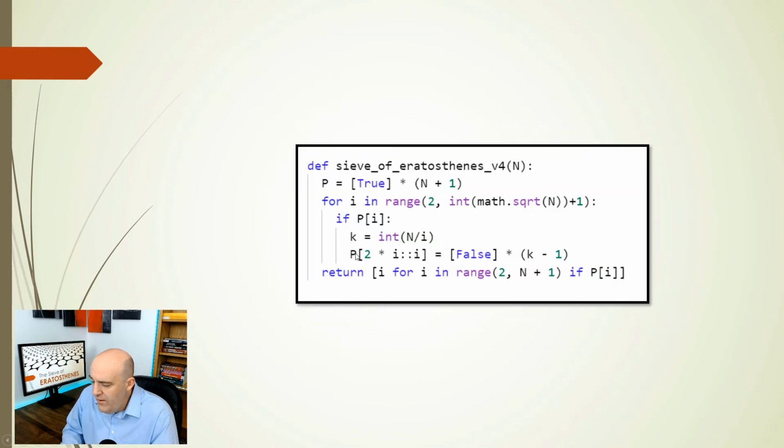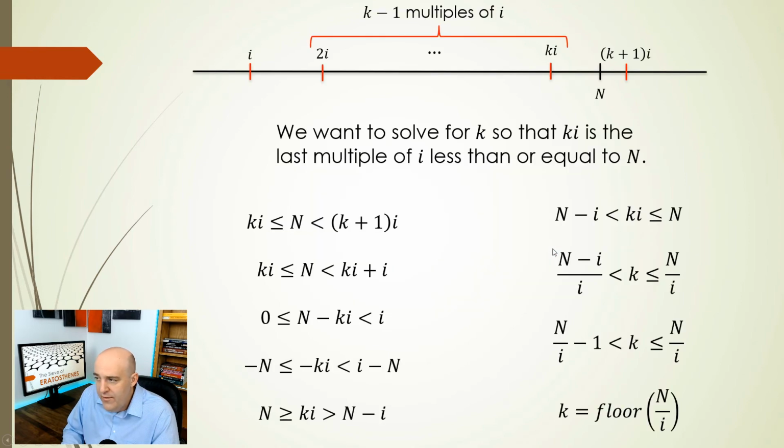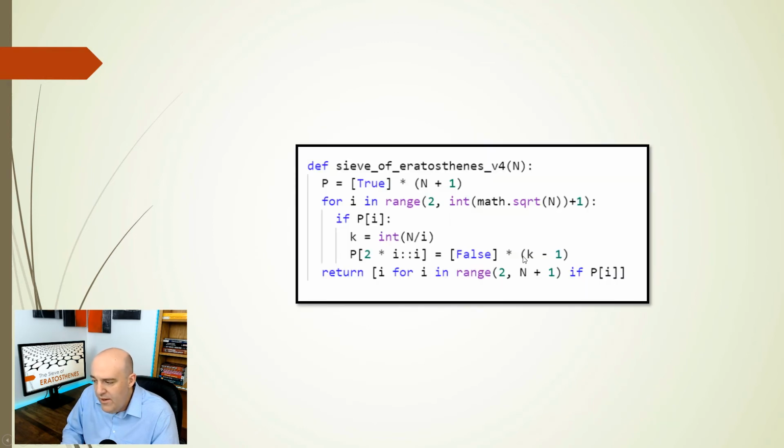What do we define that slice of that list to be? A whole bunch of falses, right? This is like crossing off a whole bunch of numbers from the list. How many are there? k minus 1, right? That's why I wrote this here, k minus 1. So k is defined as the floor of n over i. We're removing k minus 1 multiples. They all become false, and we get that.